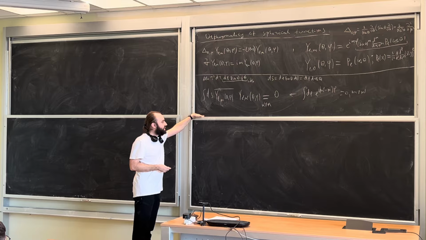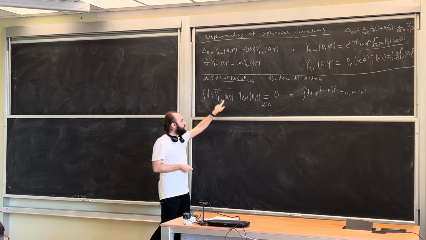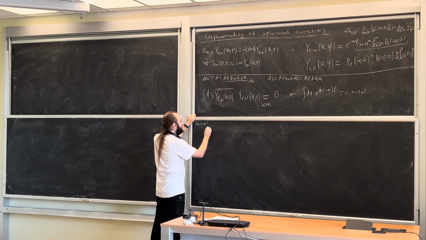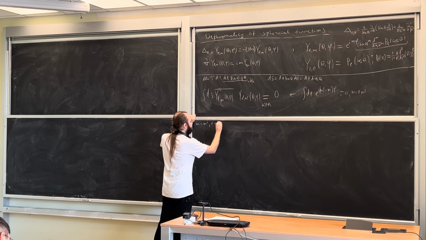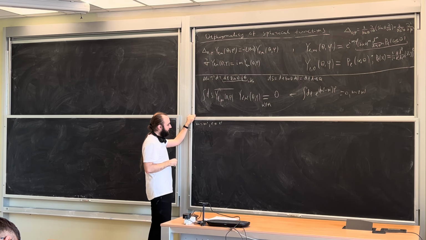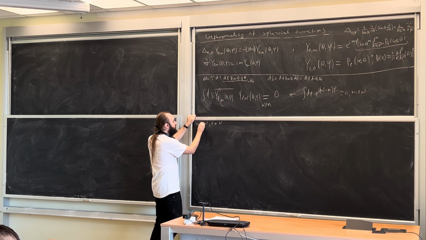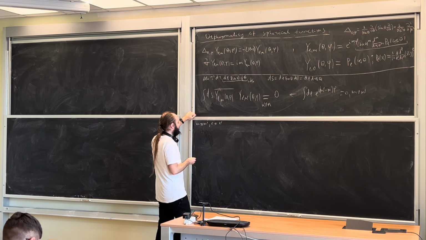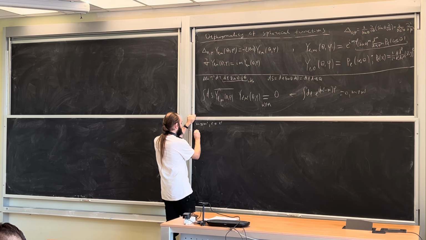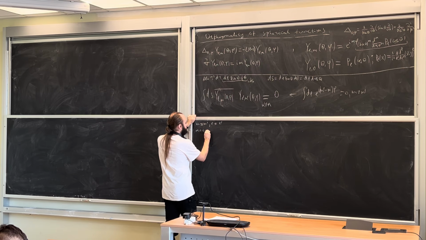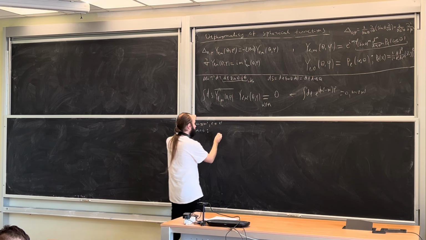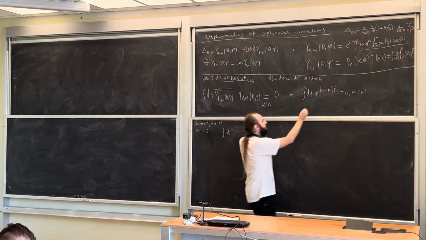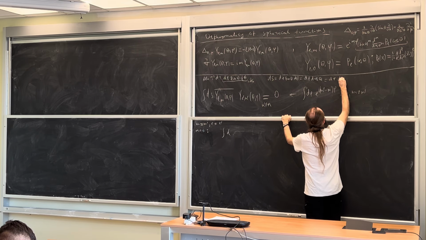But now let us study the situation when m equals m prime, but L is different from L prime. Let's first study the case m equals 0. So we need to compute the integral in dx. We can write this measure as d phi dx.